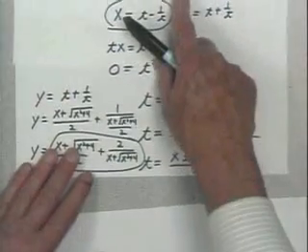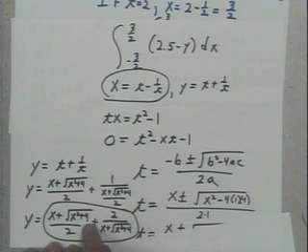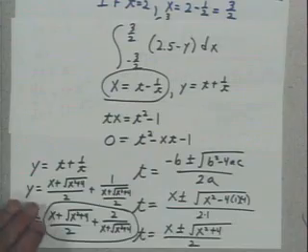Now we got to go back to this integral right here at the top of the screen. We got to replace y with what's in the circle here. Okay? So here we go.